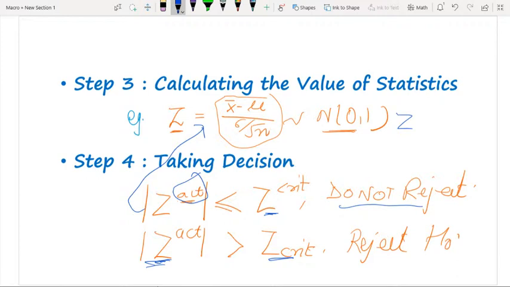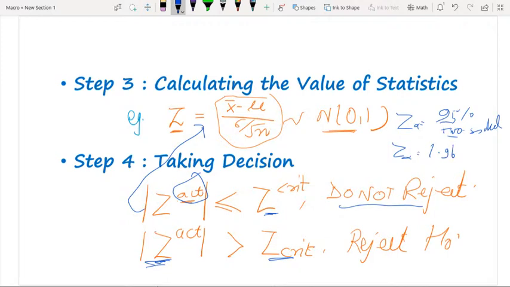The most common value used is for 95% confidence level and a two-sided test. So for 95% confidence and a two-sided test, the value of Z is 1.96.